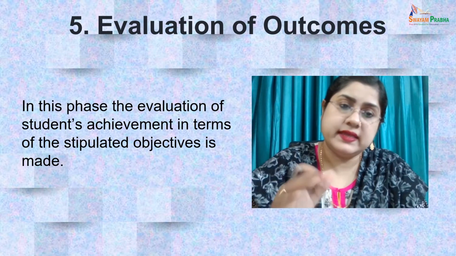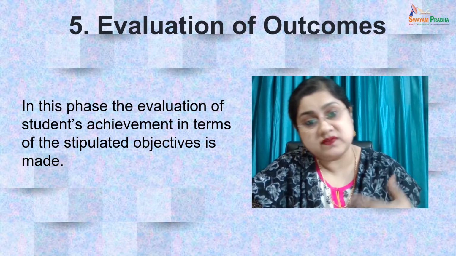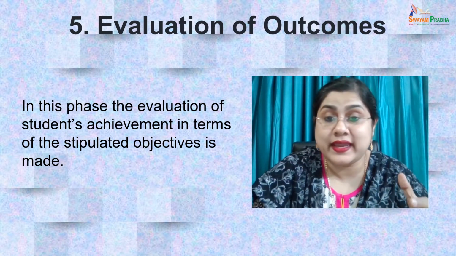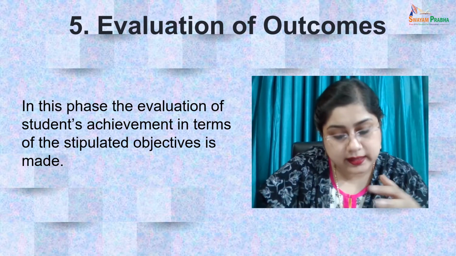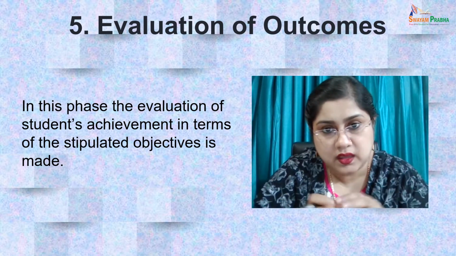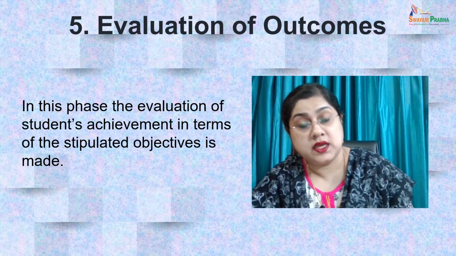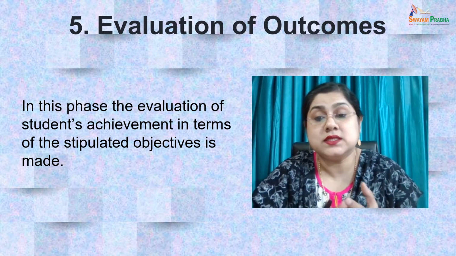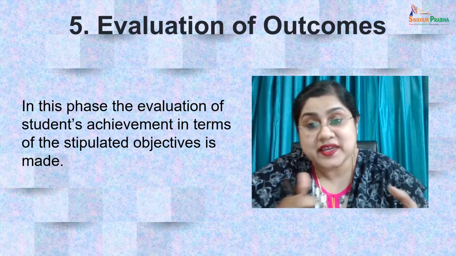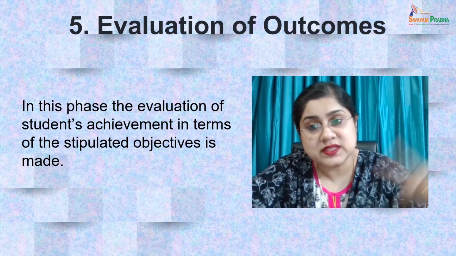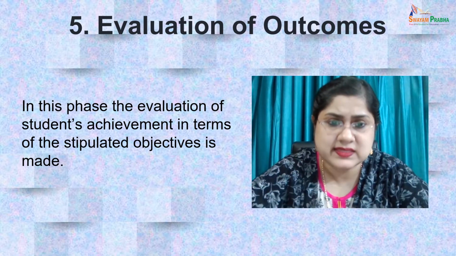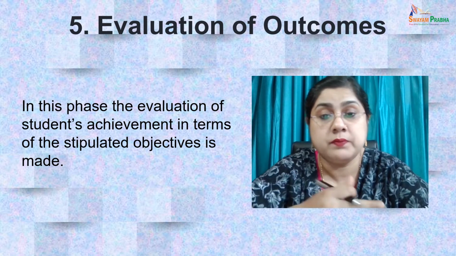Then the next step is the evaluation of the outcomes. Under this phase, the student's attainment in the form of the output is evaluated. And for what purpose? It is evaluated in terms of checking it or corroborating it with the stipulated instructional objectives, and this can be done on the basis of the post-test score.